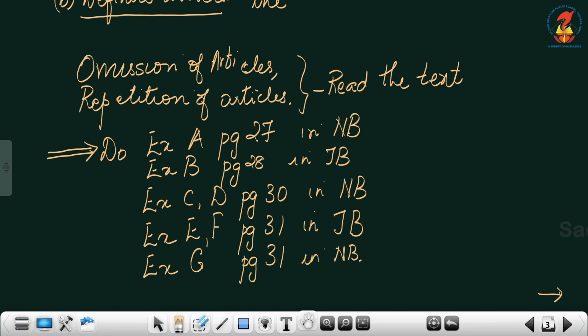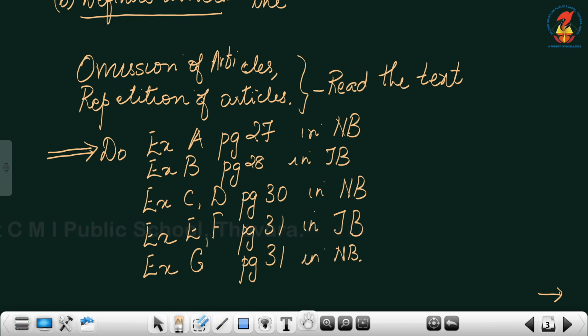Exercise A, page number 27, you have to insert articles "a" or "an" wherever necessary. You cannot do it there and mess up your textbook, so do that in your notebook.